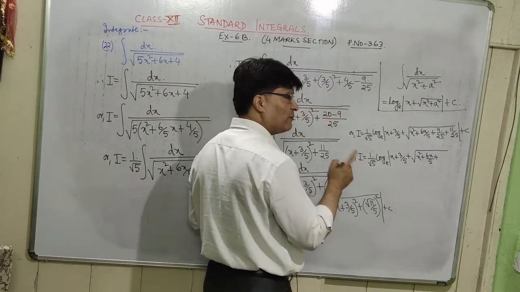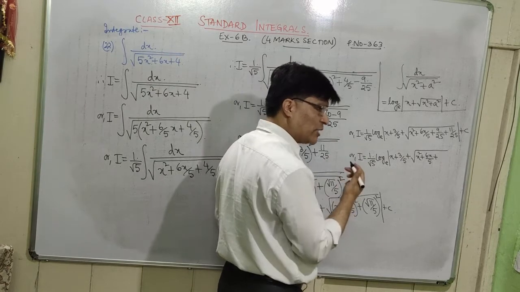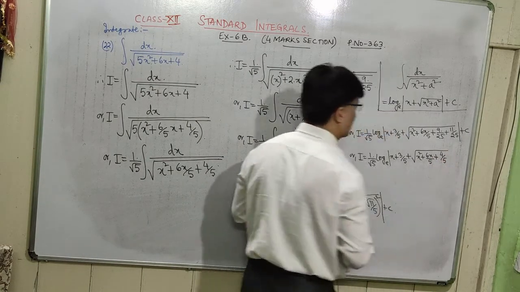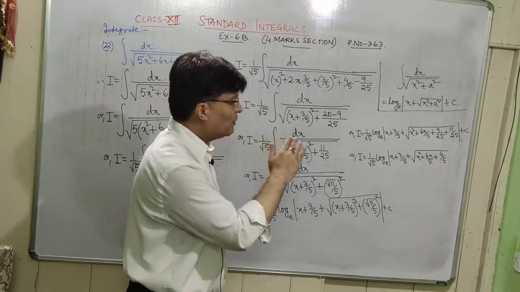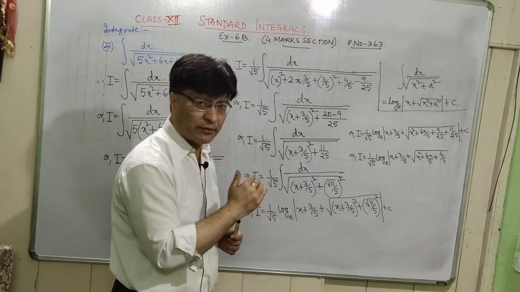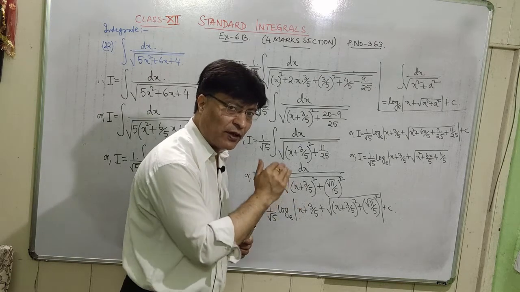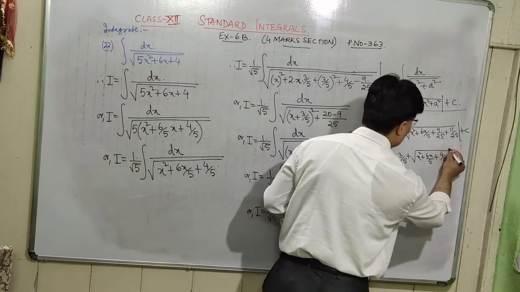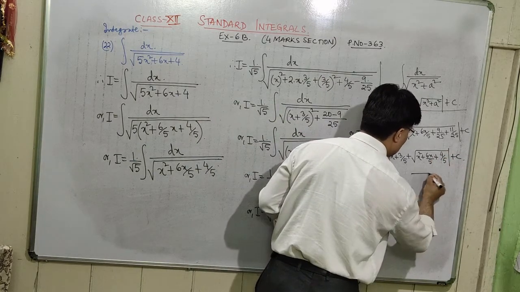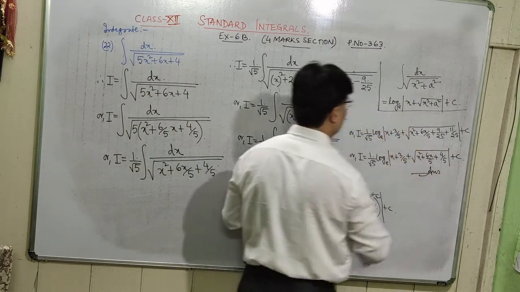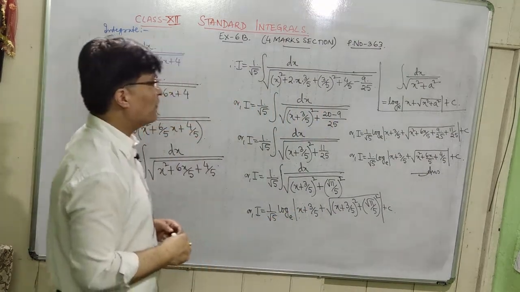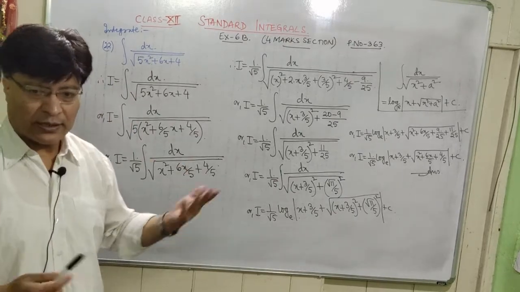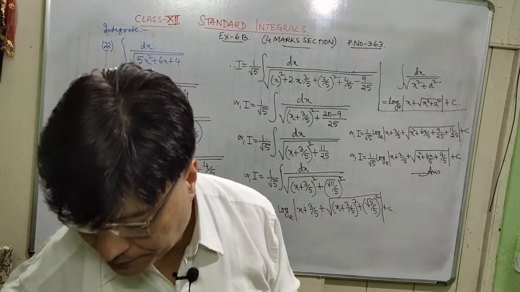So 20 by 25 can be written in lowest form. 11 plus 9 is 20 divided by 25, so it can be cancelled by 5: 5 4s are 20, 5 5s are 25. Okay, so mod sign closed plus c. So you can keep the answer as it is. This is the final answer. So you can copy it. Now we'll do the next question.